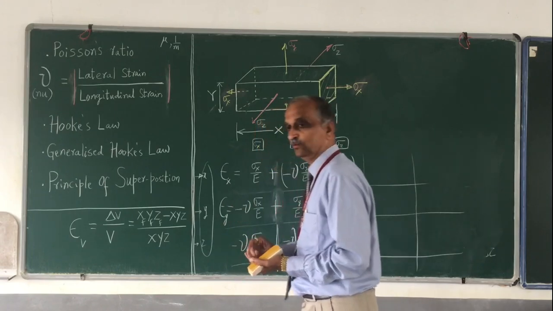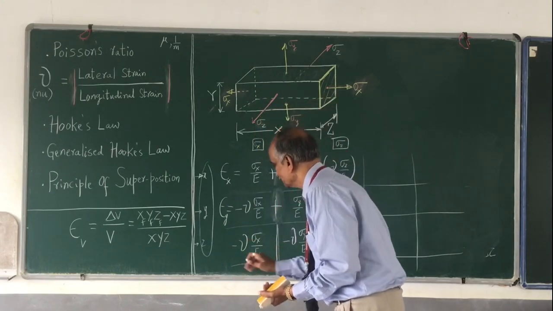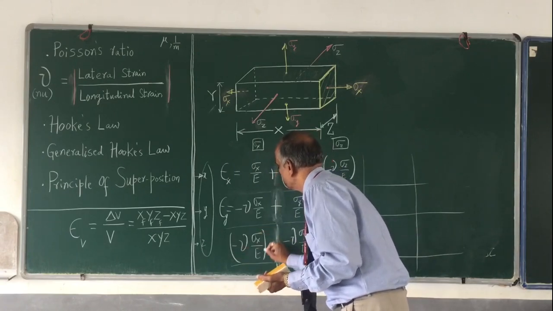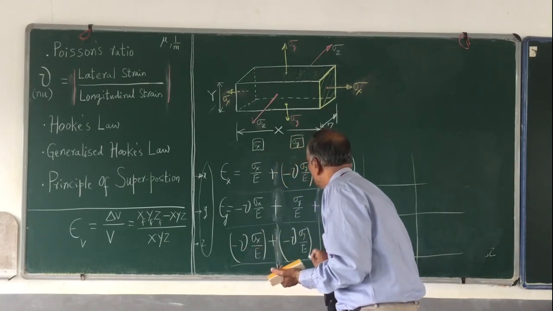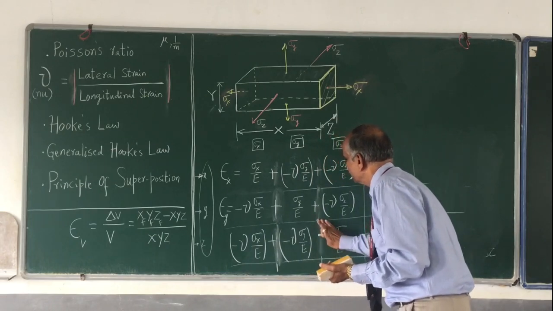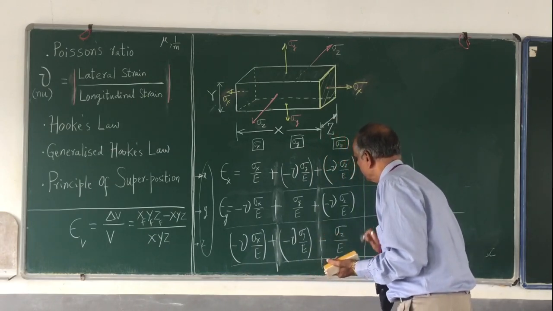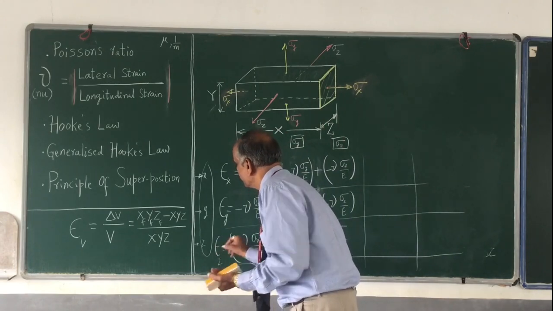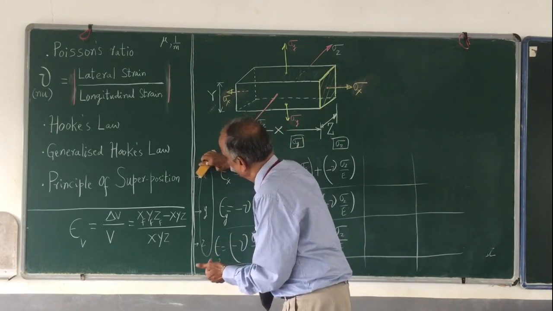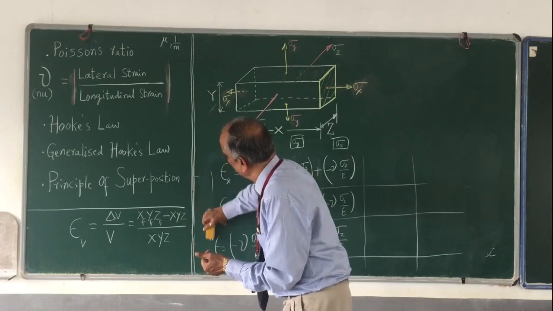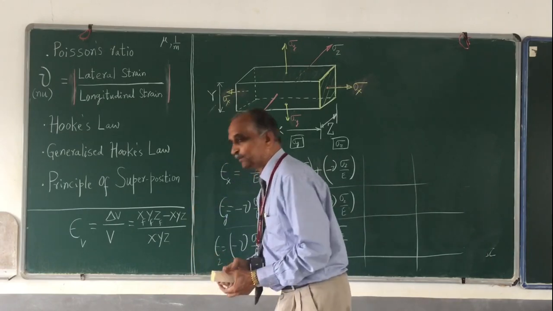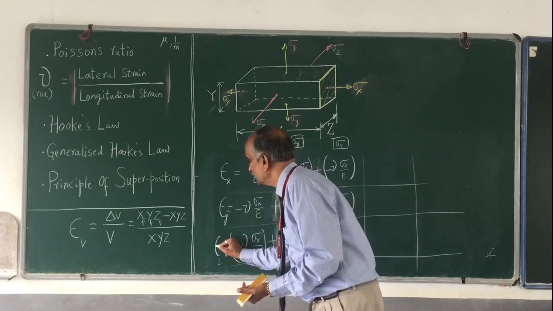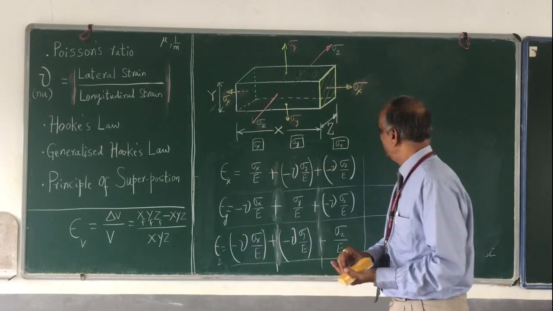This is equal to, on the same lines, and this is equal to epsilon z. Now what we have done is, we have applied the principle of superposition and found out epsilon x, epsilon y, epsilon z.